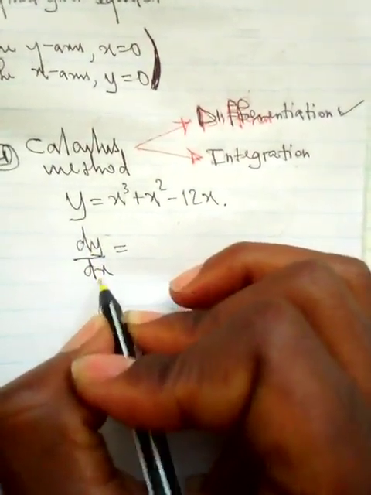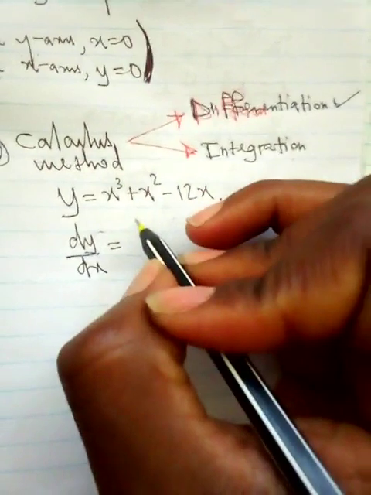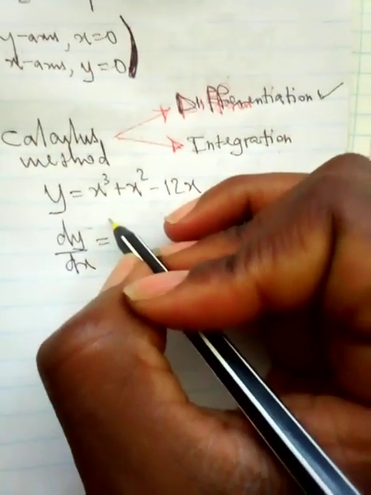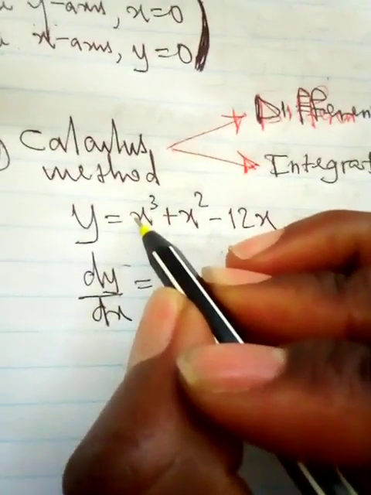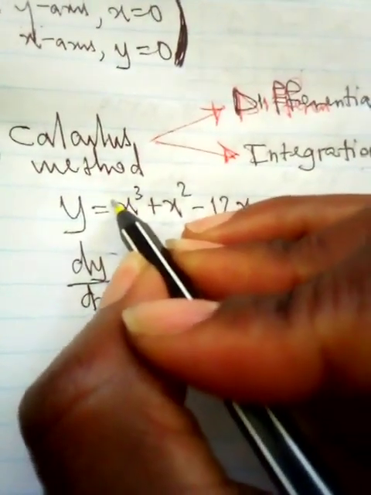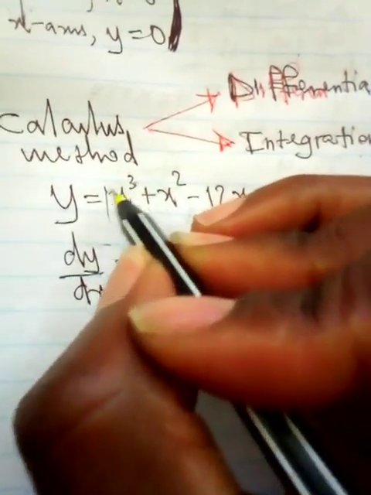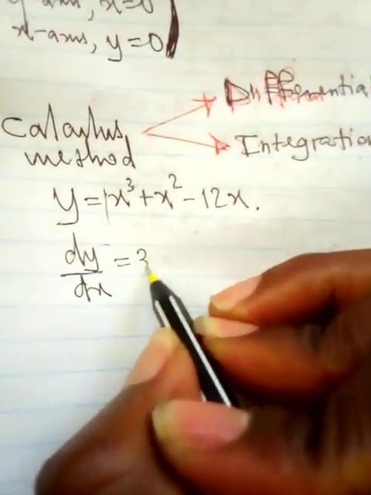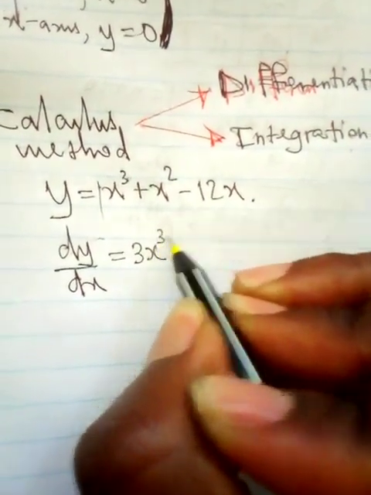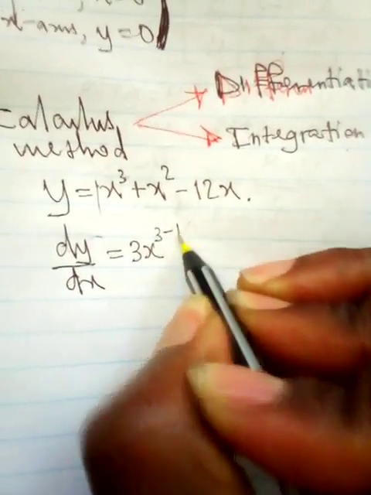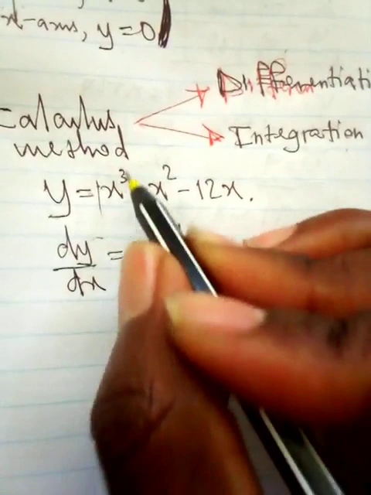The basic rule is that we always multiply our power with a coefficient. Notice, even though they haven't shown it here, there is a 1. So this is going to be 3 times 1, which is just going to give us 3x. And then what we do is that we always reduce our power by 1. 3 times 1, 3. 3 minus 1.